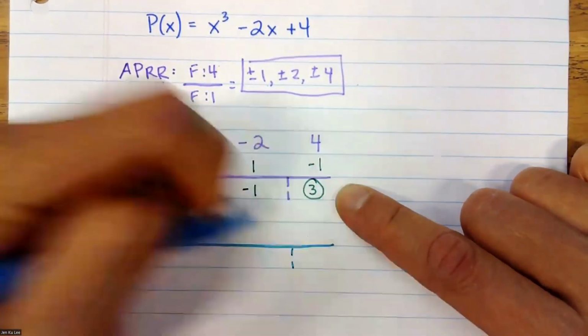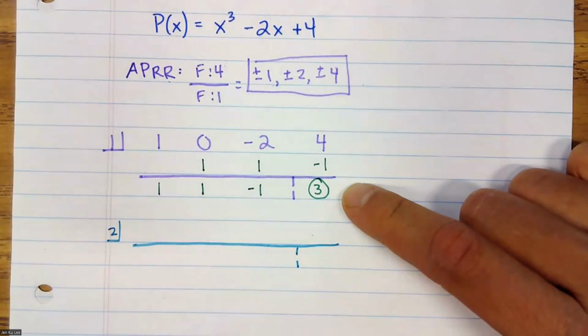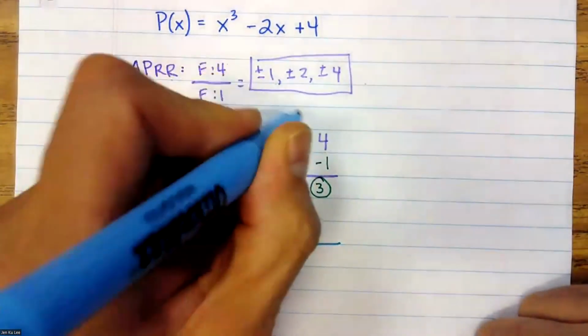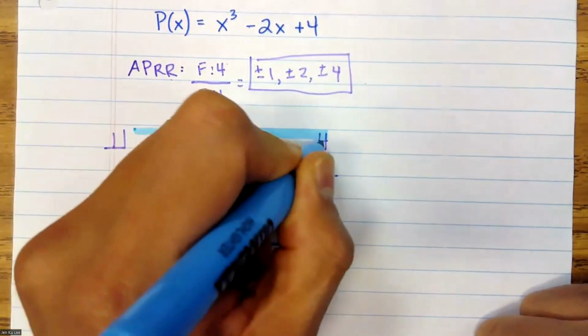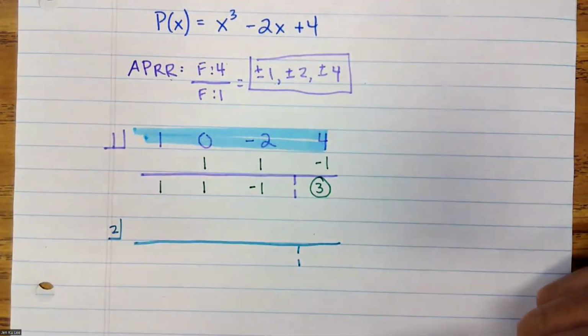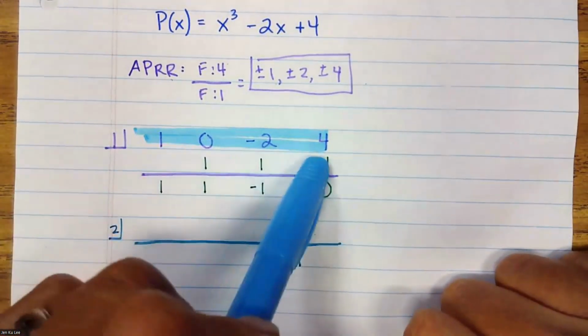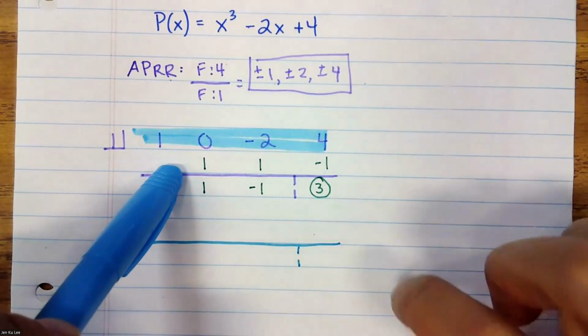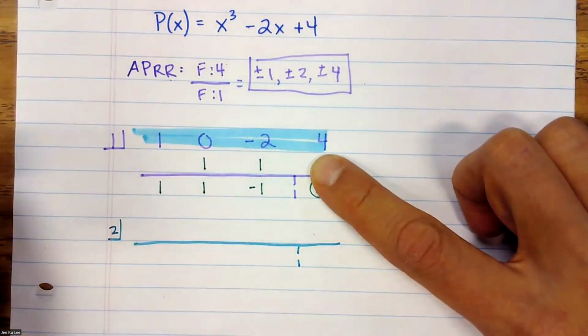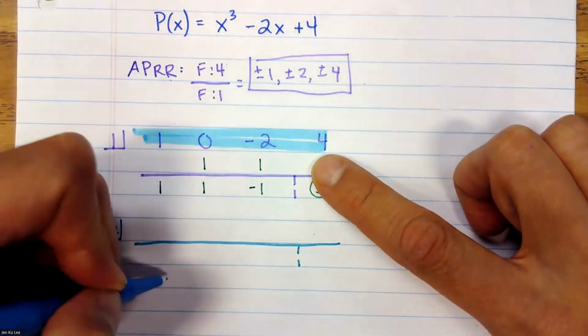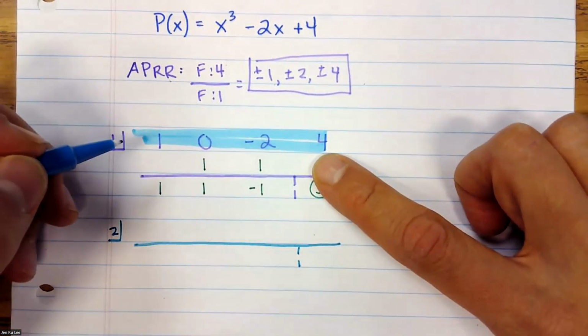Okay. And since I'm going to keep going, I'm going to go ahead and highlight, box, star, whatever, this row. Just so that my eyes go there and I know that it's this row that I'm working my synthetic division with.